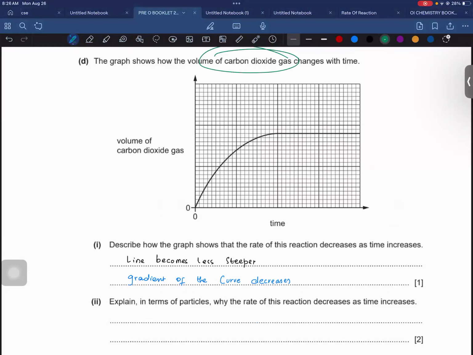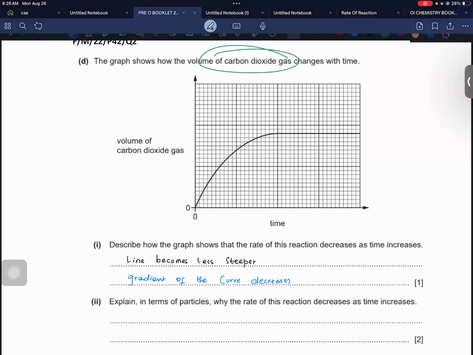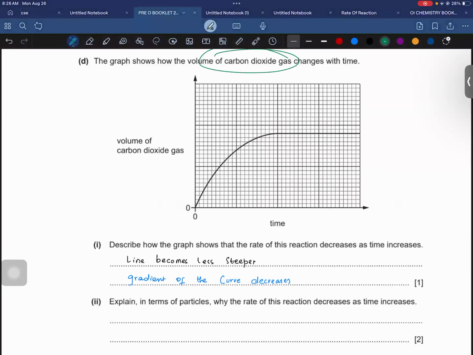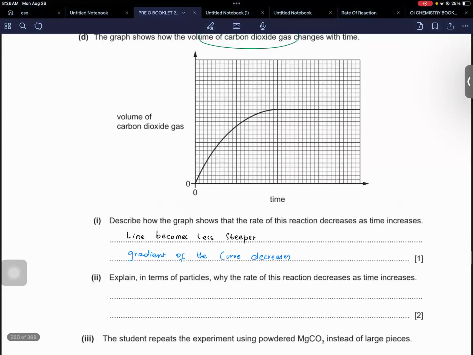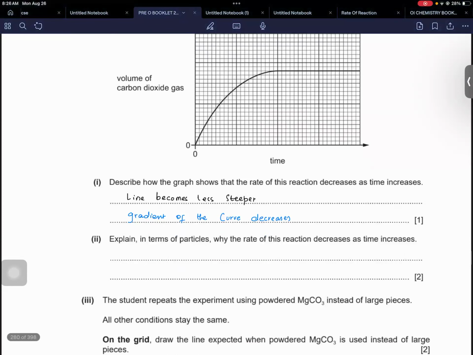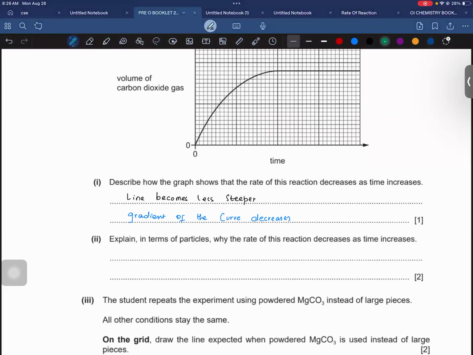So you would be writing that the amount of acid, or you can say the concentration of acid, decreases.